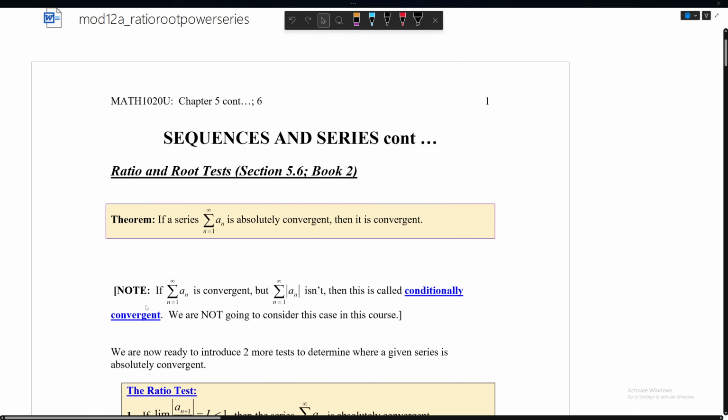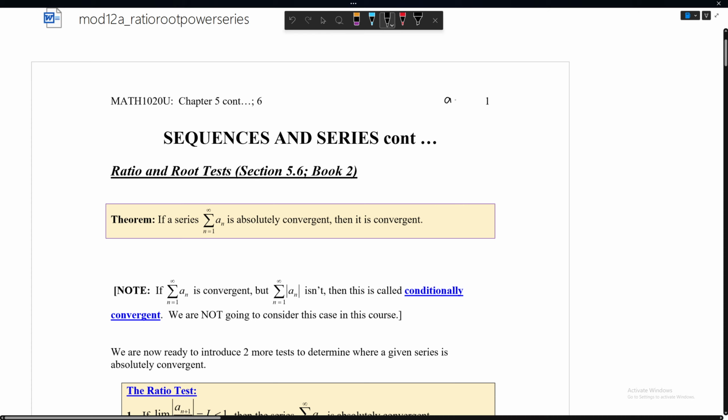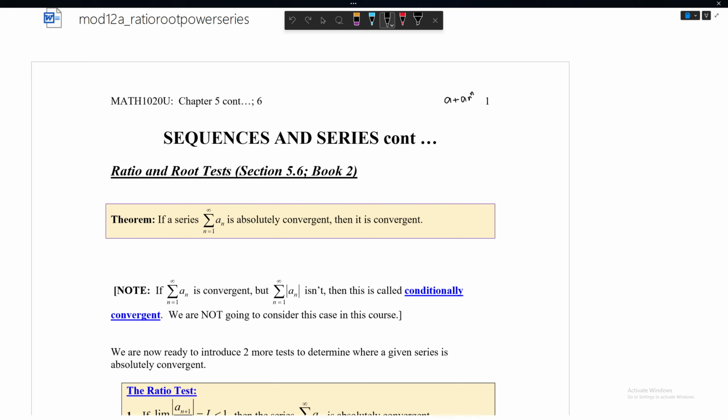So what the last unit says is, remember, with geometric sequences or series, we did a test that was something like a plus ar plus ar squared plus ar cubed, and so on.